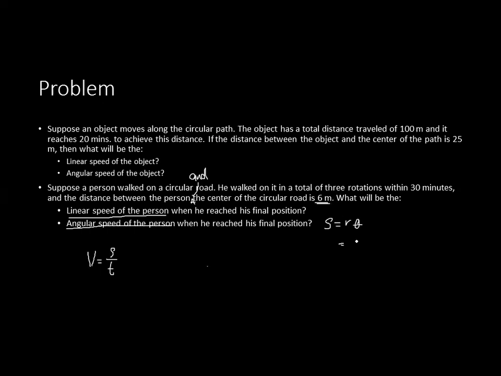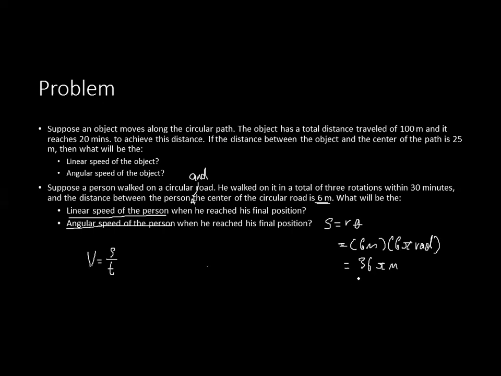So it's 6 meters. So now all you need is the angle. So you have a radius of 6 meters, times 6 pi radians. So this is 36 pi meters. Okay, this is the arc length.